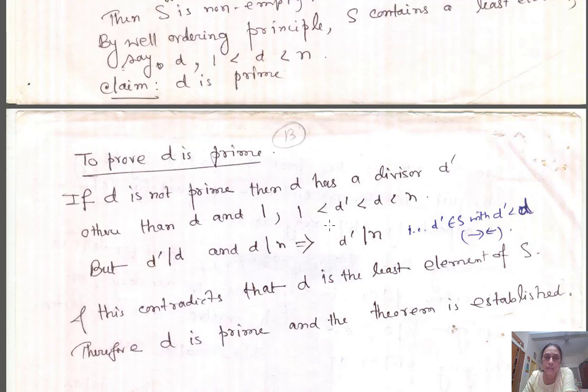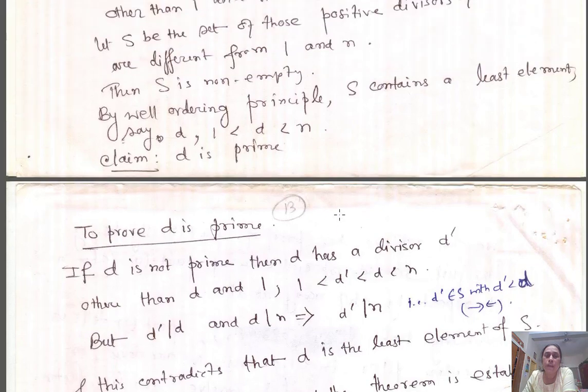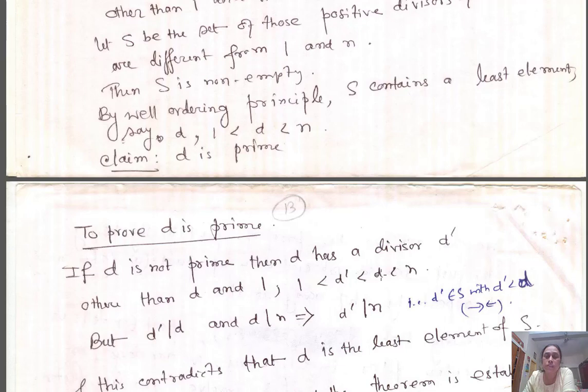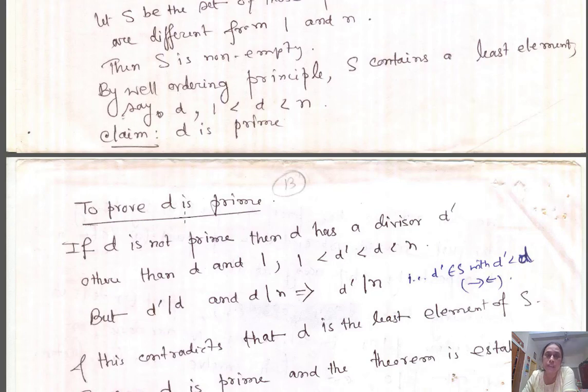We get another positive integer d' in the set S which is smaller than the smallest element d of S. We are getting a contradiction.